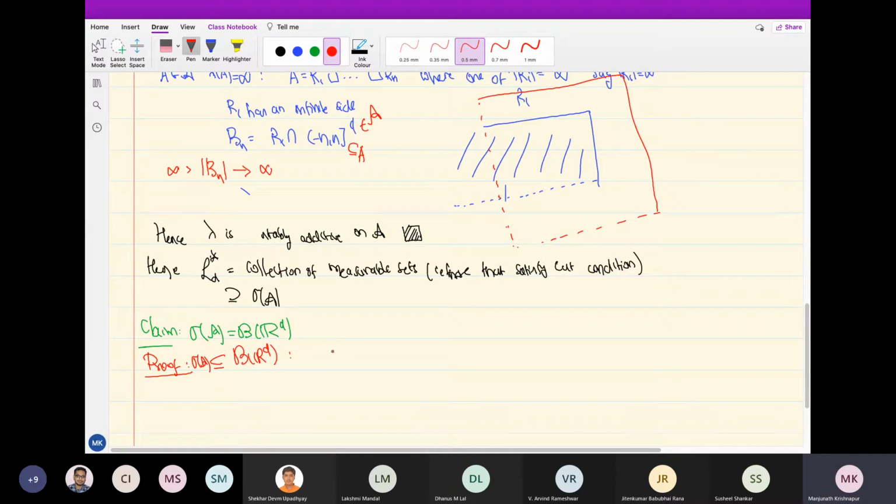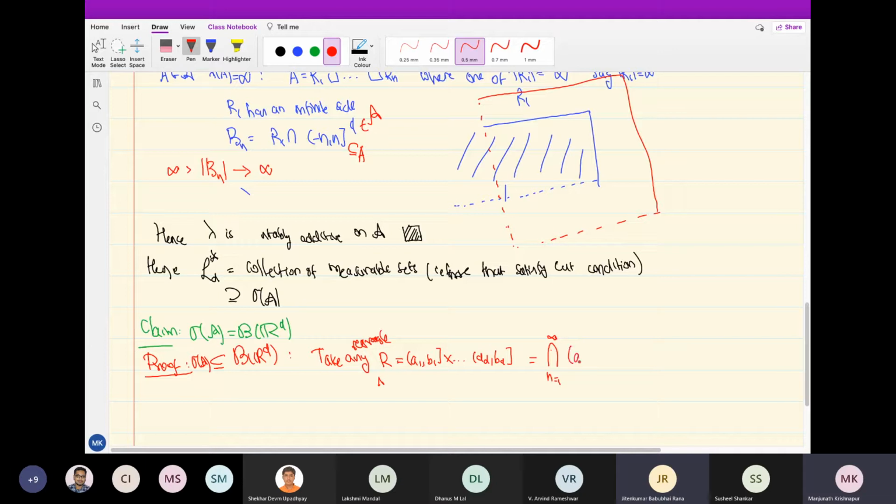Okay, how do I show that? Take any rectangle. Is this in the Borel sigma algebra? Yes, because it can be represented as a countable intersection of open rectangles.